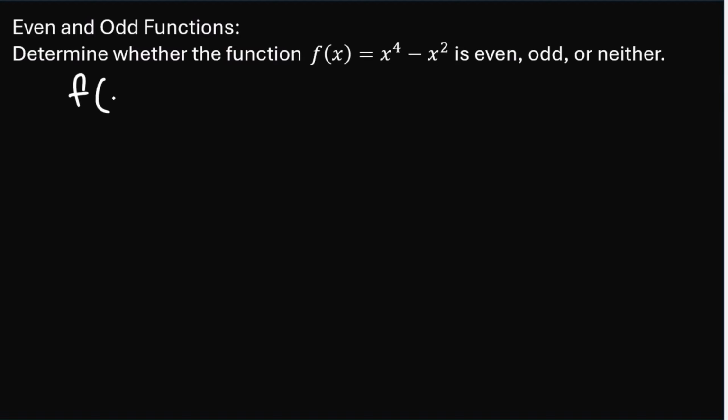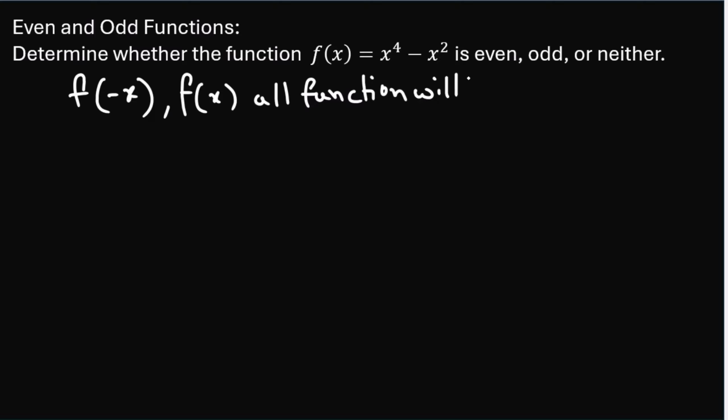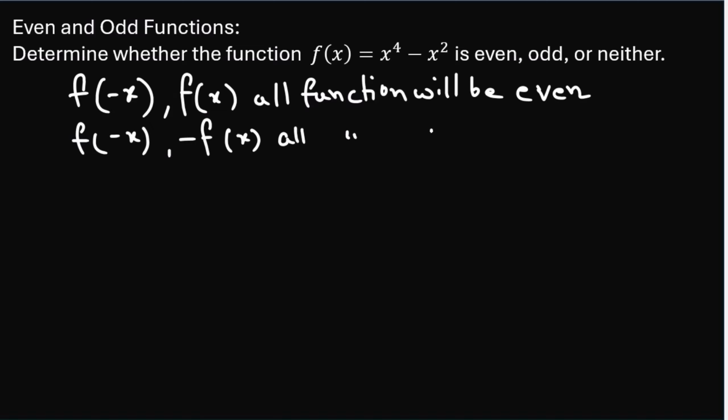So f of minus x, when it equals f of x, the function will be even, and in the same way, if f of minus x equals minus f of x, the function will be odd.